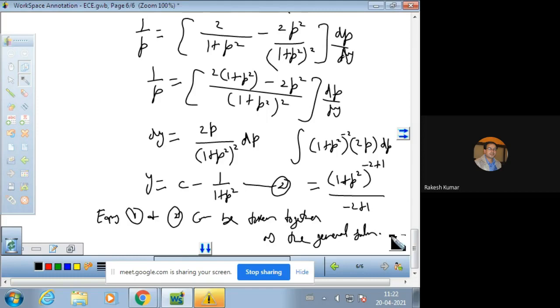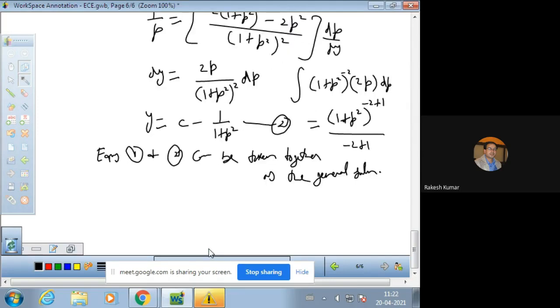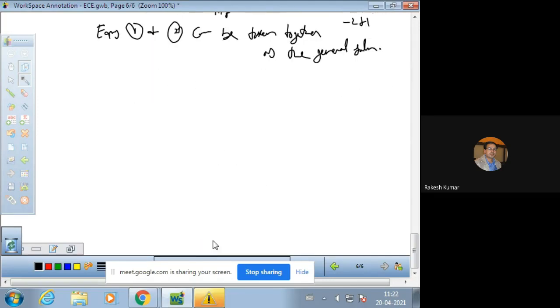So this is the procedure for finding the solution of a first order differential equation by the method of solvable for x. And next we shall have Clairaut's equation.